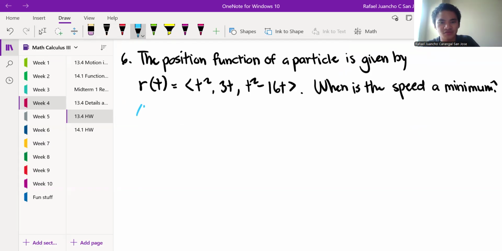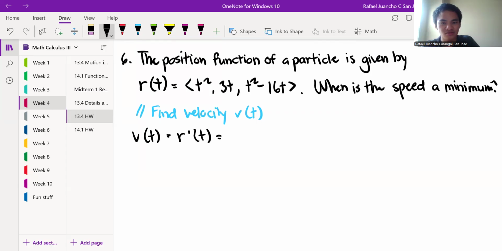So the first step is to find speed, or to be more specific, to find speed we need velocity. So we find velocity, specifically v of t. If we find v of t, we take the derivative of my position vector.